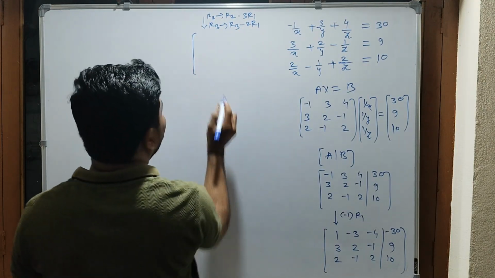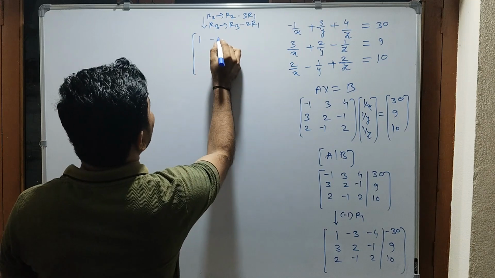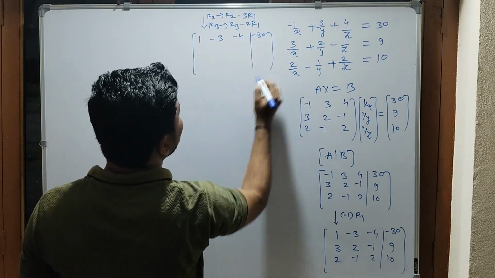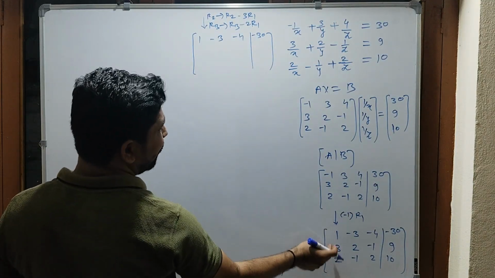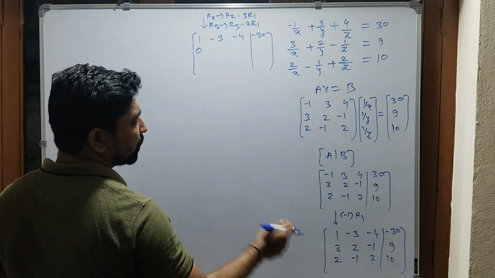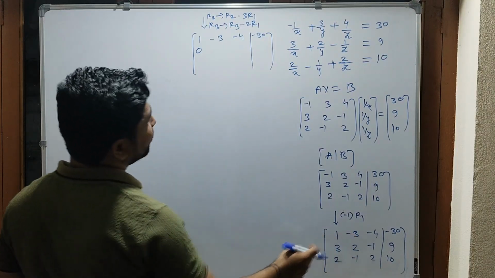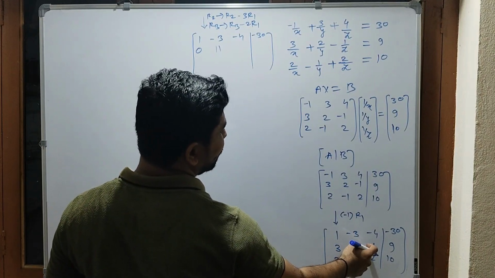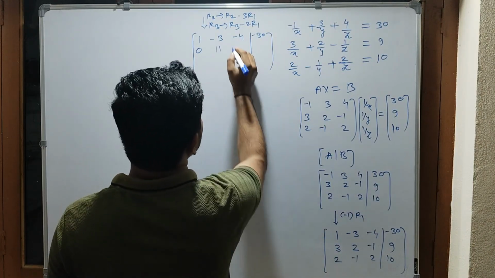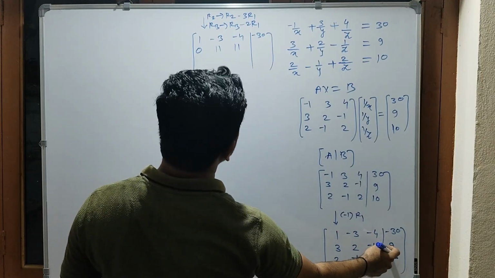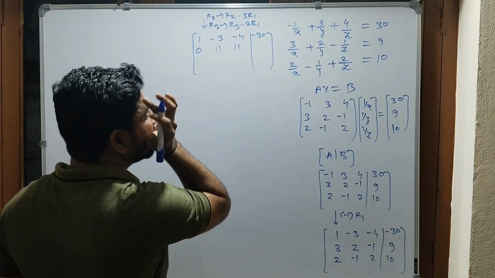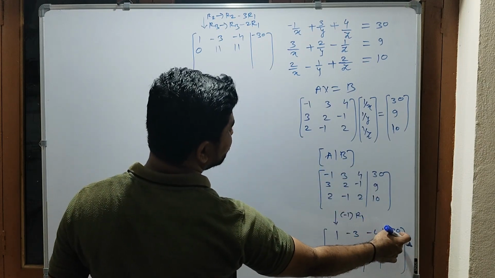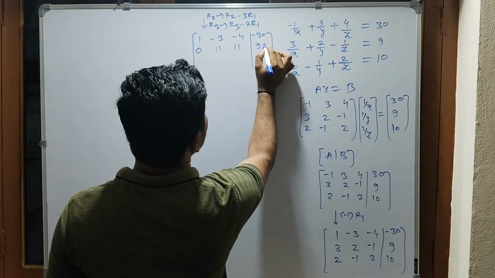Here I get the resultant matrix with the first row as it is: 1, minus 3, minus 4, minus 30. Now the second row: 3 minus 3 times 1 is 0; 2 minus minus 9 means 2 plus 9, so simply 11; minus 1 plus 12 is simply 11; 9 minus minus 90 means 9 plus 90, that is 99.